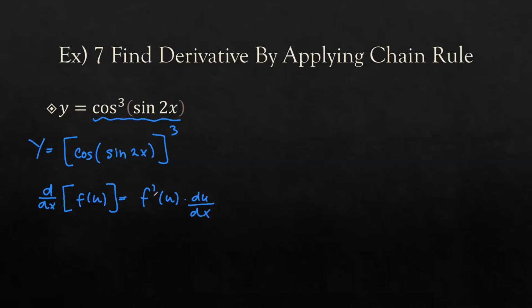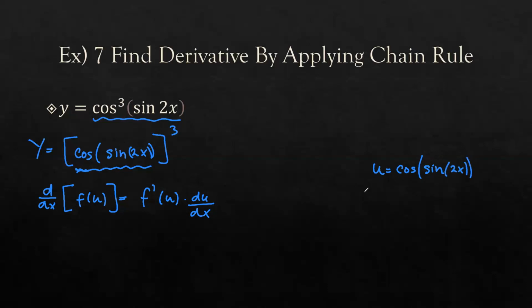So let's figure out our u and our f. I think our u is slightly different from example 6. Our u is actually this whole thing, the inside bracket. So u is cosine, parentheses, sine 2x.